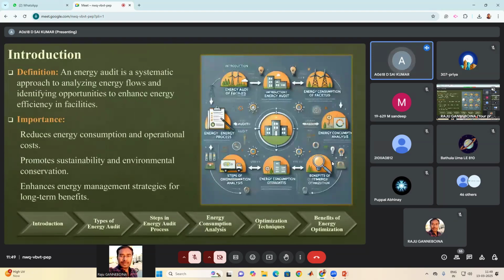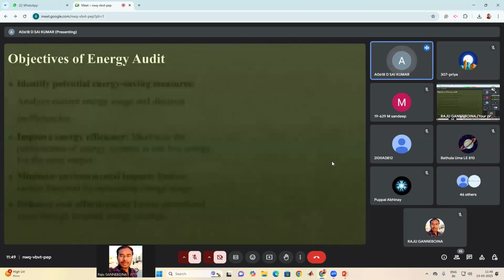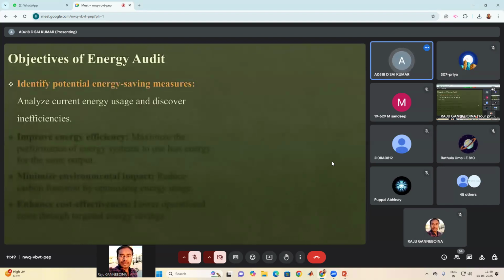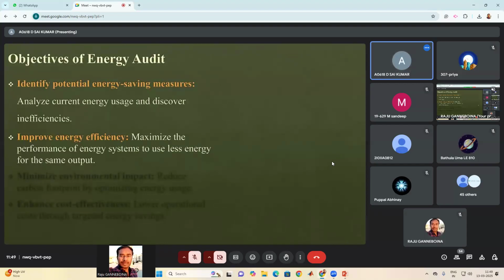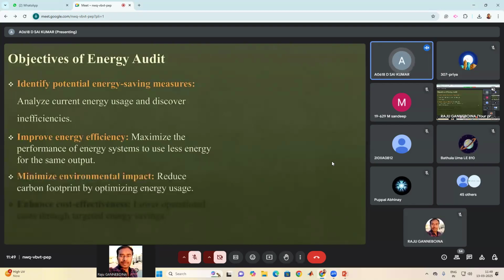Going to the next slide, we have the objectives of energy audit, where we identify potential energy saving measures by analyzing current energy usage and discovering inefficiencies. Next, improve energy efficiency by maximizing the performance of energy systems to use less energy for the same output.